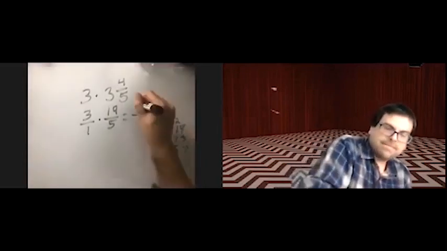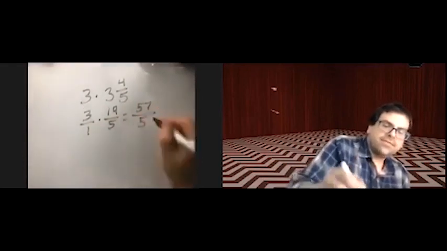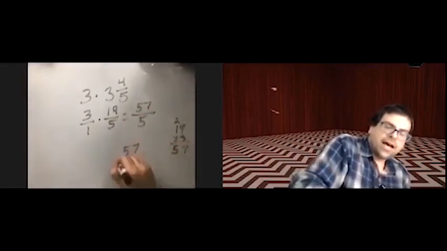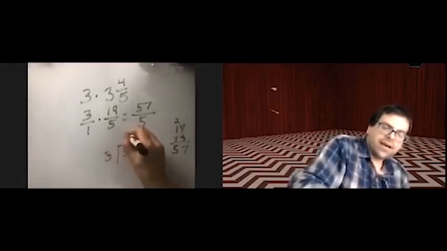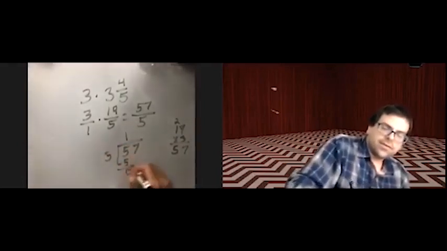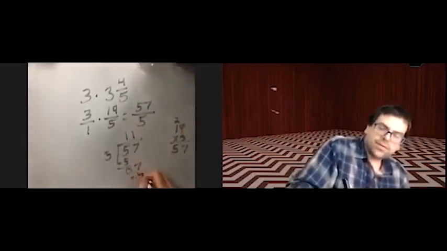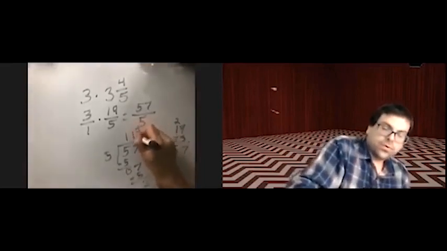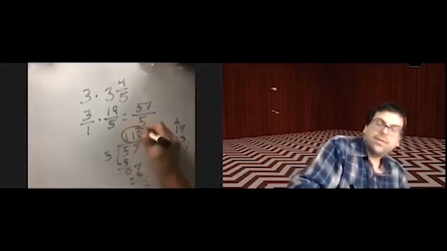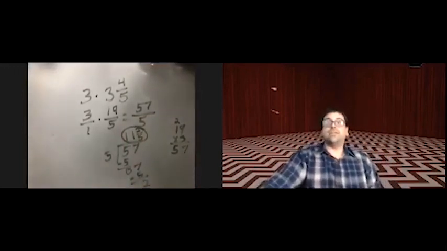That's 57. On the bottom, 1 times 5 is 5. And then we divide. 57 divided by 5. 5 goes into 5 once. 5 goes into 7 once. With a remainder of 2. 11 2/5. Not 9 4/5. 11 2/5.